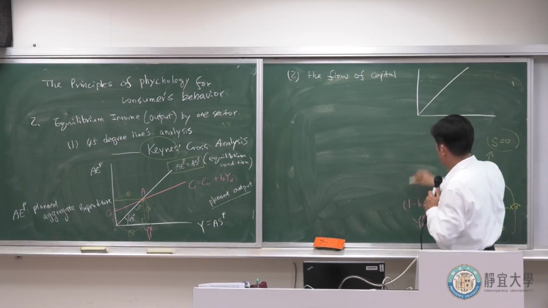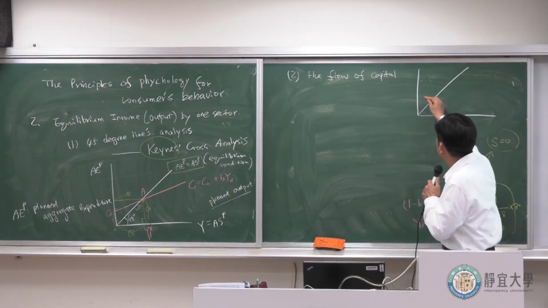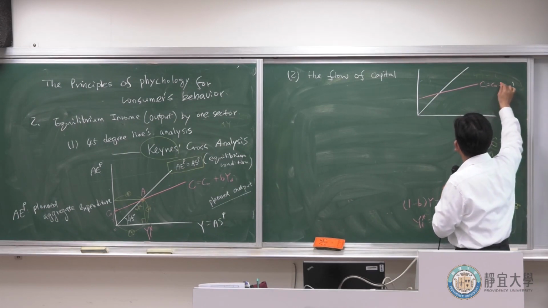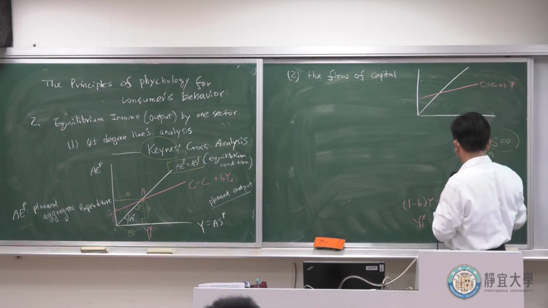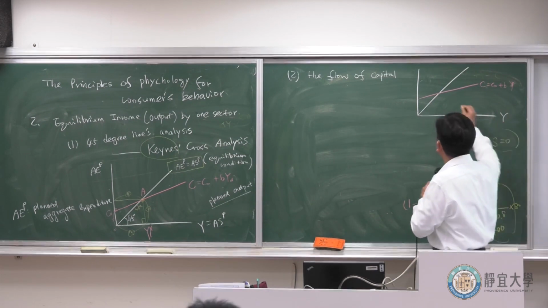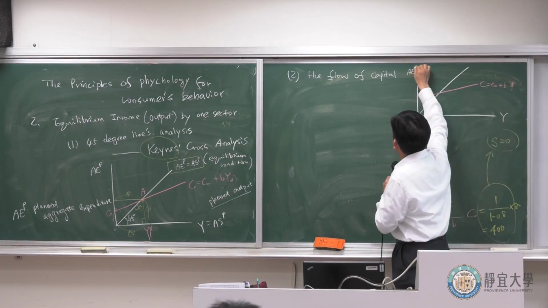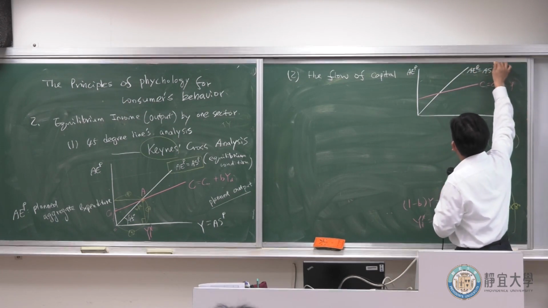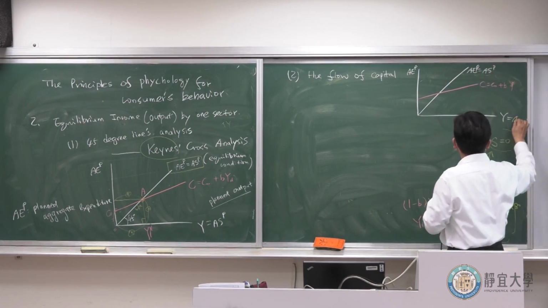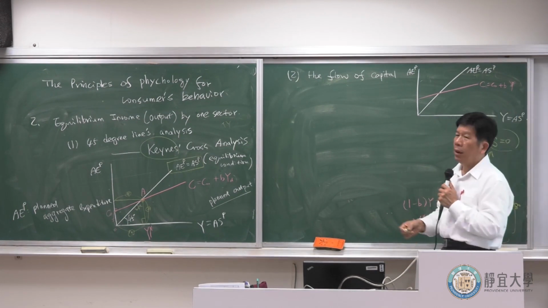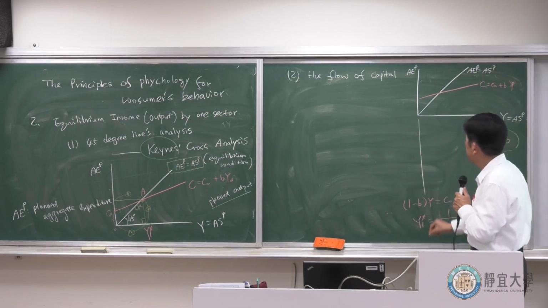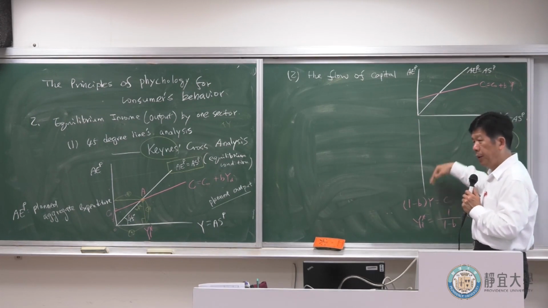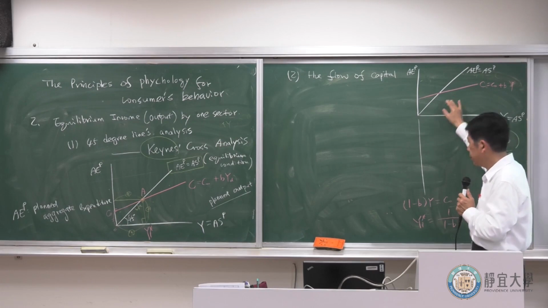Here C equals C0 plus bY, and this is Y, this is AEP equal to ASP, this is ASP, and the same here. Draw another figure below here.